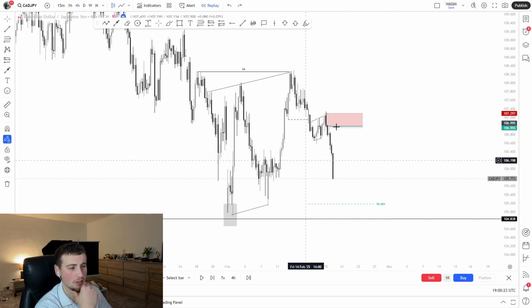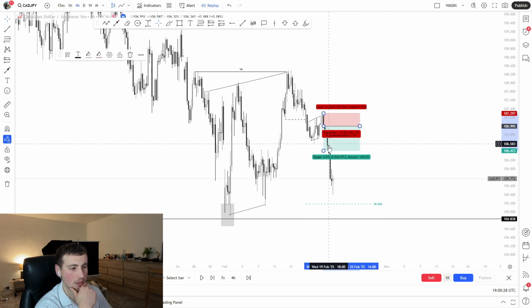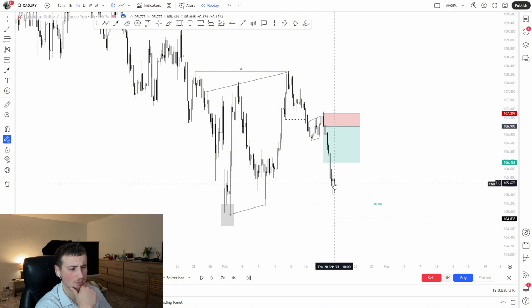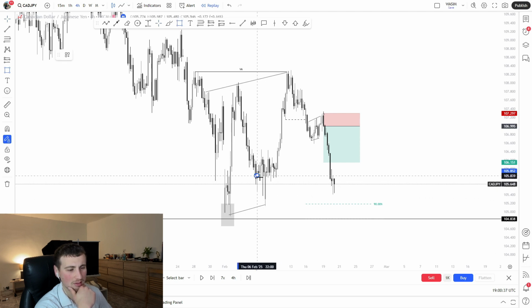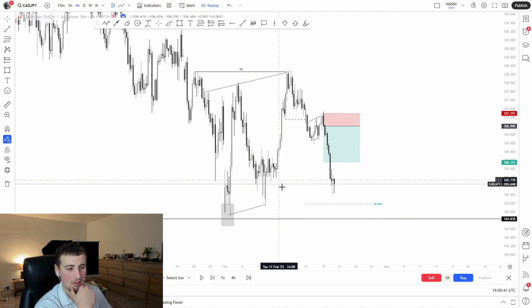So price keeps developing. We drop out a bit further. I move my stop to here. We drop out a bit further, but now I can start seeing some rejections. Rejections at where? Close to this base. Now you can see that we've got this gap here, but this is kind of like an area where you want to be a bit careful because this gap, really and truly, the inflection point is all of this.